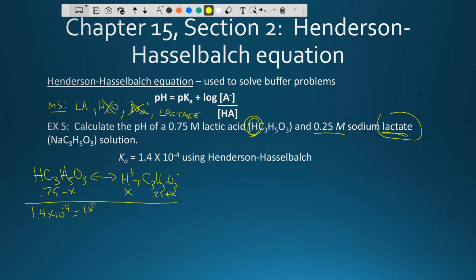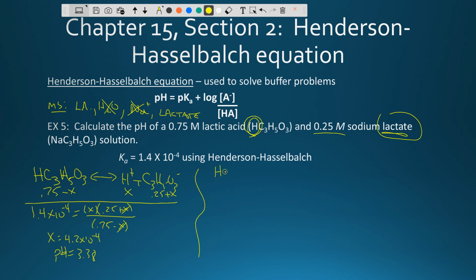That equals my X times the 0.25 plus X over 0.75 minus X. Again, these are small values, so I can disregard X, multiply both sides by 0.75, then divide by 0.25. I end up with X equaling 4.2 times 10 to the negative 4, and I get a pH equal to 3.38. So this is what we did with the more traditional way from section 1.